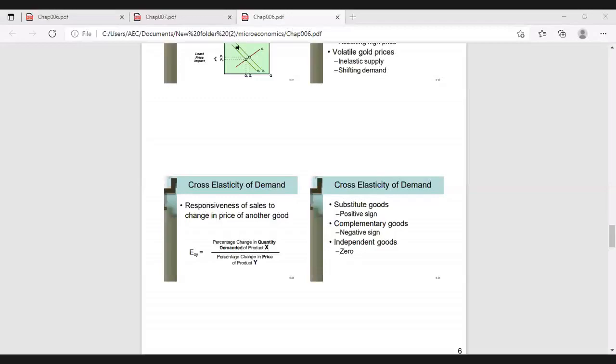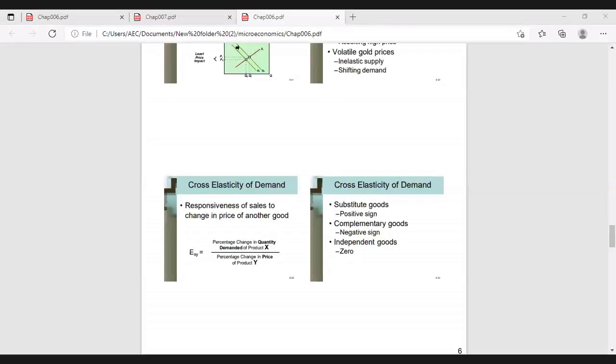Now we will see applications of cross price elasticity. We measure price elasticity of demand, price elasticity of supply, and cross price elasticity of demand, the degree of response, because we apply these in some cases.